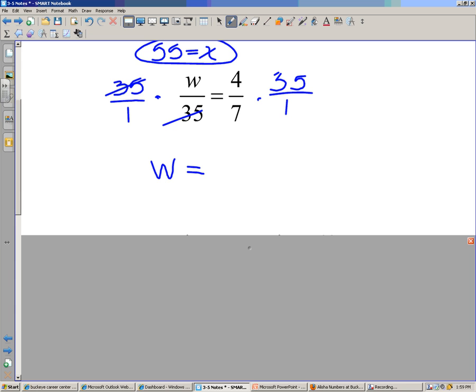Yeah, what can I cross-reduce those? Not 5. What are both 7 and 35 divisible by? 7. 7 divided by 7? 35 divided by 7? Okay, so I'm left with 4 times 5 on the top and 1 times 1 on the bottom. That's just 20.